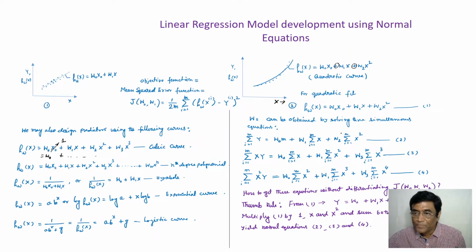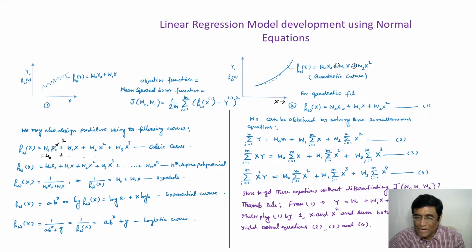So you have y equal to this. Multiply that equation with 1 and sum them up. That will give you one linear equation in W. You can check it by creating an error function like this and differentiating it.